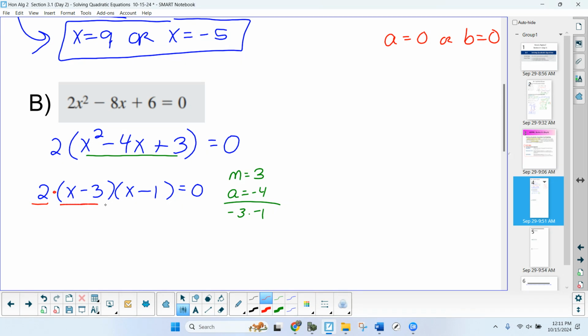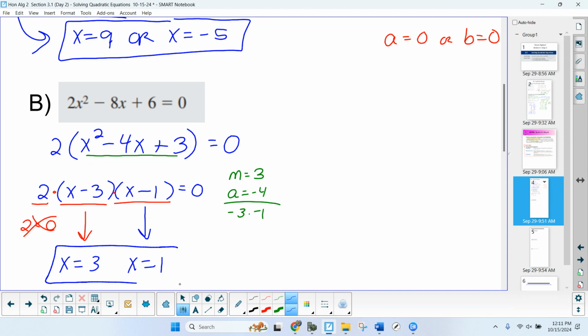You have this times this equal to 0. When you pull that out, can you solve 2 equal to 0? Do you have anything to solve for? Is there an x there? No. The 2 goes away. What does this one give me? x equals 3. What does this one give me? 1. There's your two solutions.